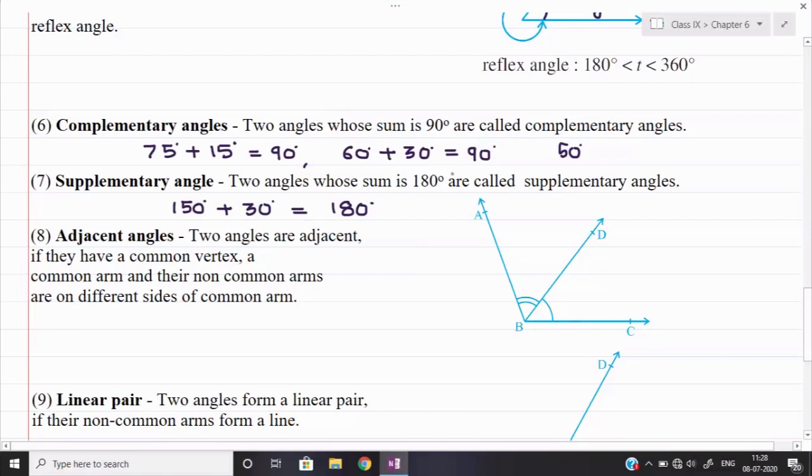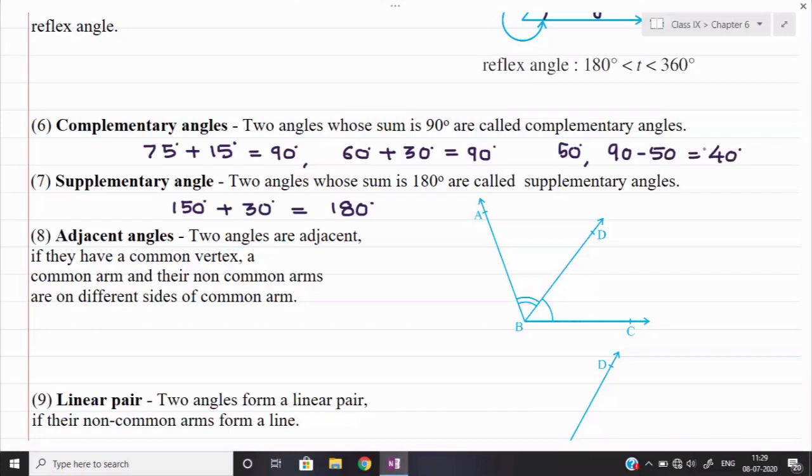So think, to 50 what should I add? 40 to make it 90, or I can do one thing, subtract 50 from 90 degrees. So 90 minus 50, we can say it is equal to 40 degrees. So to find the complementary angle of a given angle, we subtract it from 90 degrees.